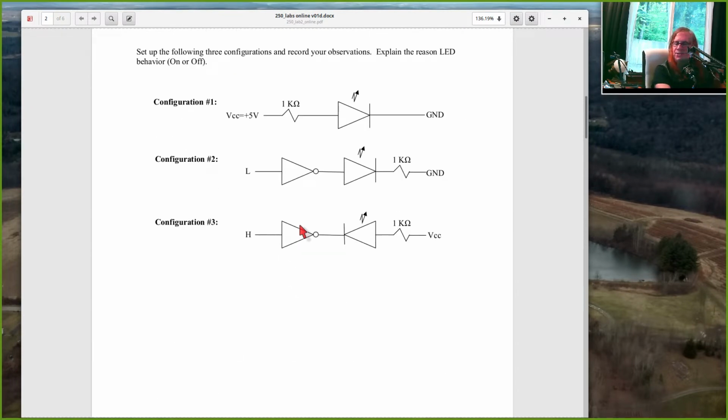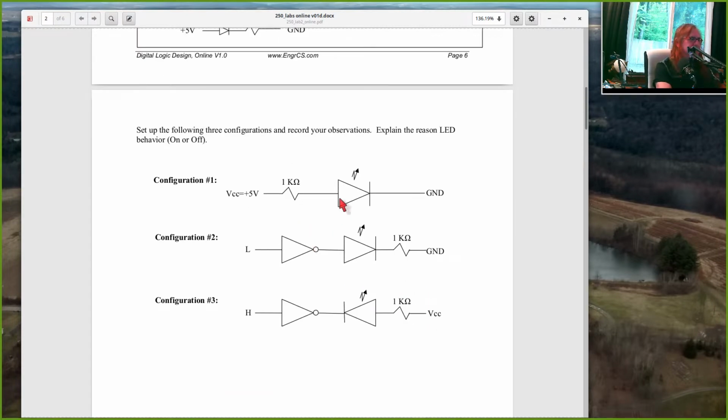All right, so any questions on experiment 1? It might feel like a busy work sort of experiment, but it can be really useful.